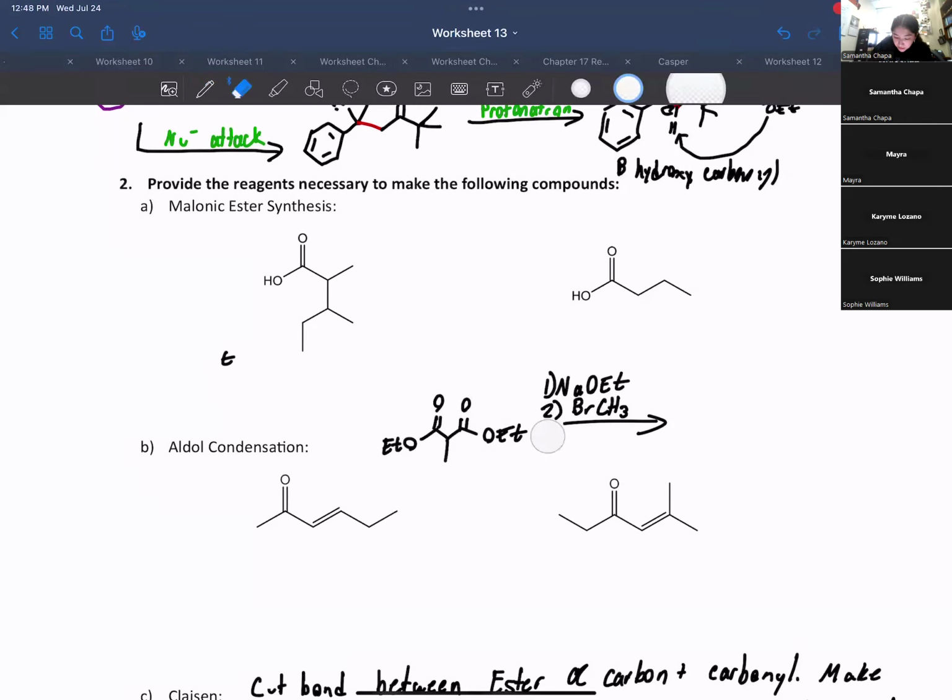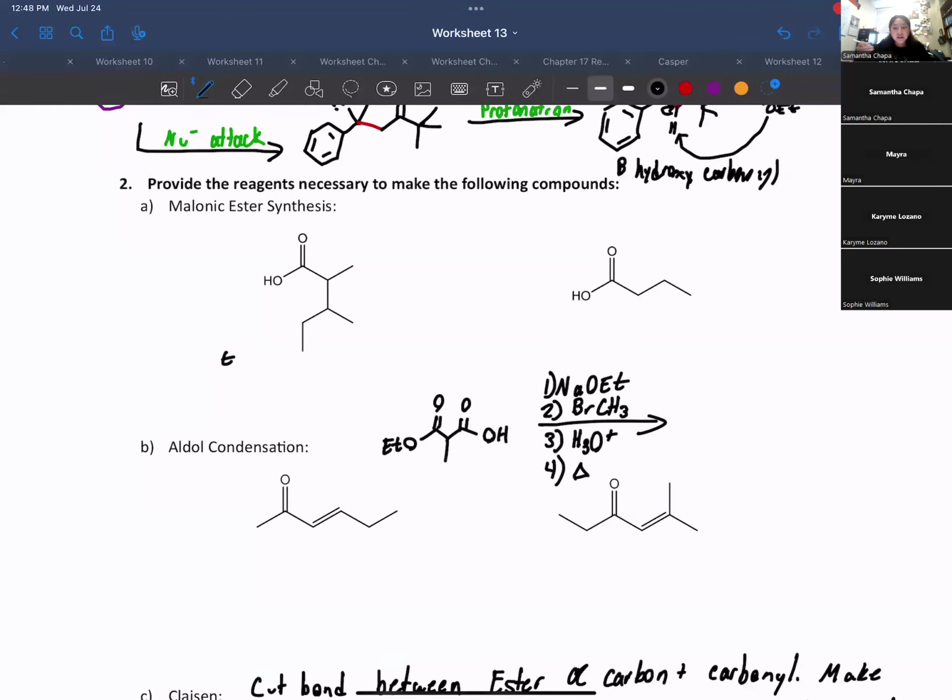And then step 3, they can totally keep adding more groups to the alpha carbon, but what usually happens is they do H3O+, which will convert only one of the esters into a carboxylic acid. So step 3's product should just look like this. And then step 4, which is usually your last step in the malonic ester synthesis, is heat.